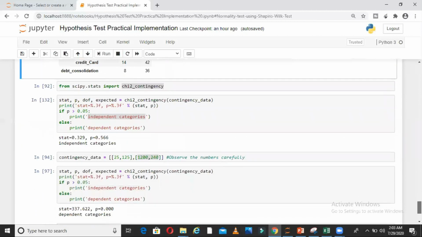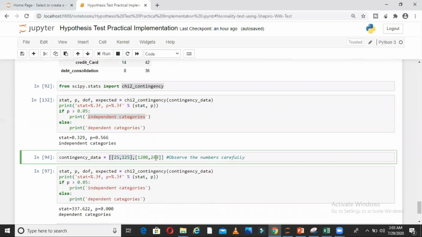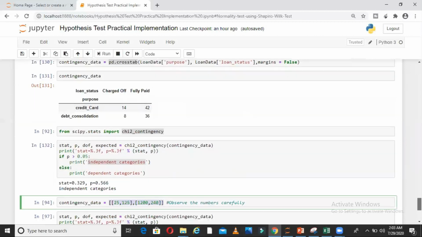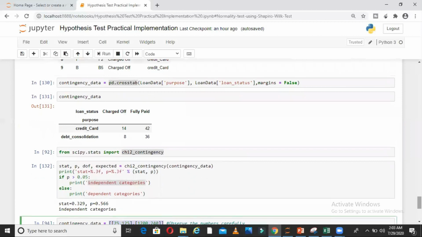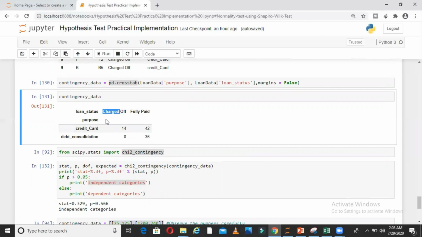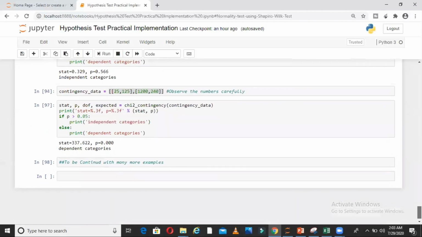That is our contingency table, an imaginary one I have created here. If that happens, then from common sense you can think that there is a relation between charged off and credit card, and similarly fully paid and debt consolidation, because a 1:5 ratio is there between these two classes.